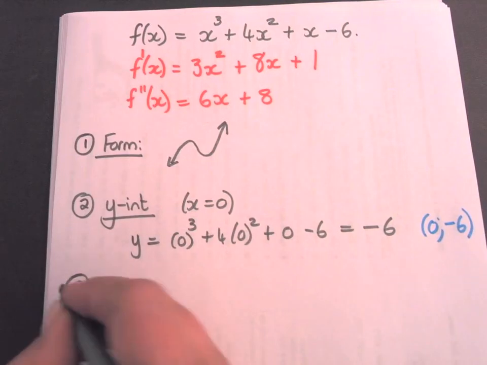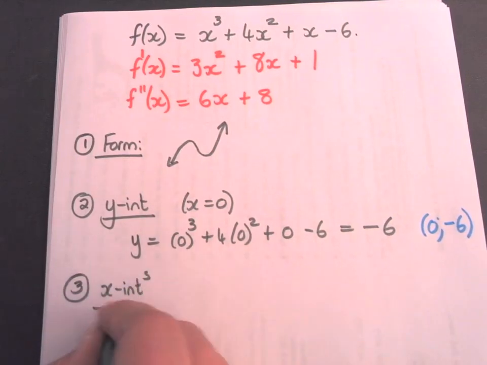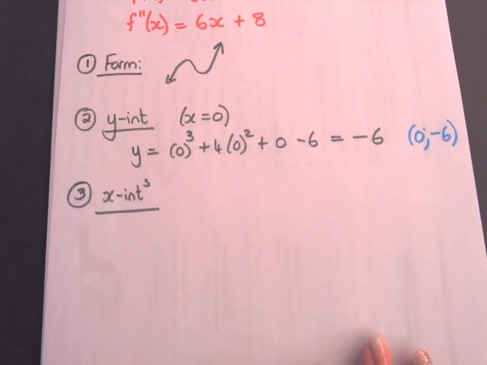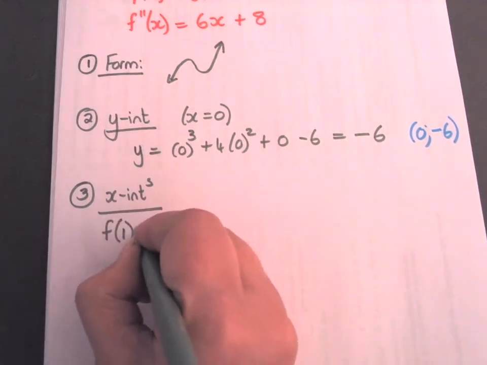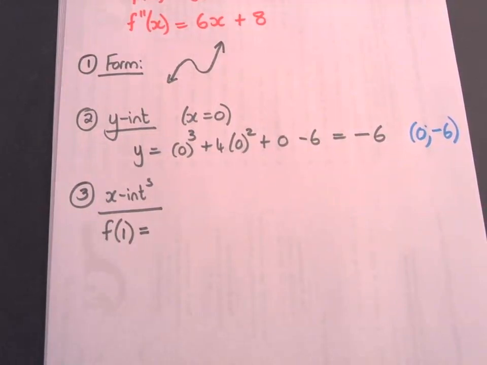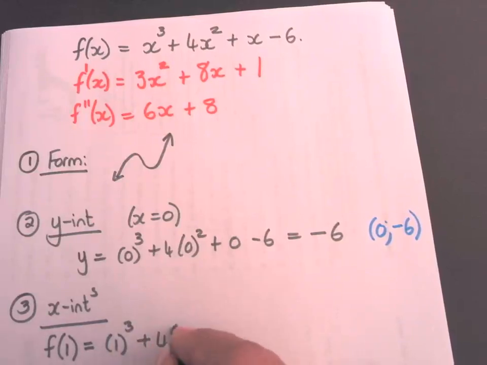Number 3, we get our x-intercepts. First, we must find a factor. So I've already done that for you, and it is 1. You must show that it is a factor, so you have to show your substitution. 1 to the power of 3 plus 4 times 1 squared plus 1 minus 6.